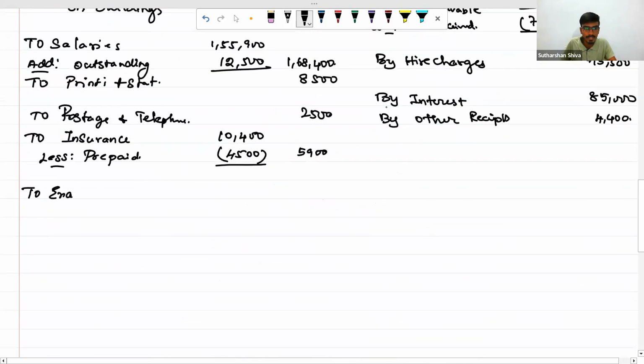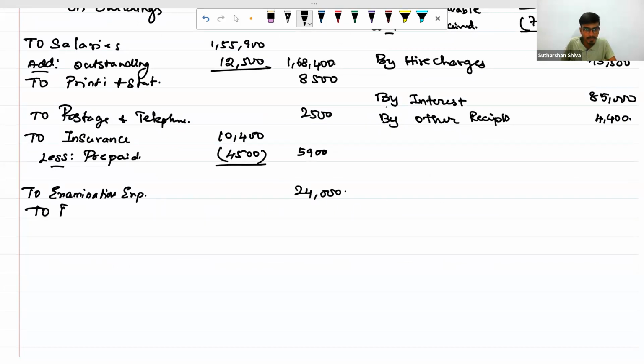To examination expenses, what is the value? 24,000. Next, we are having periodicals. Periodicals is something like magazines, newspapers, which we are purchasing. That is 15,600.